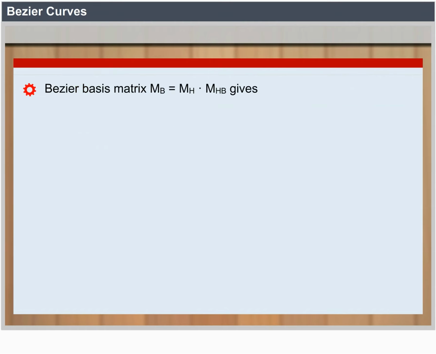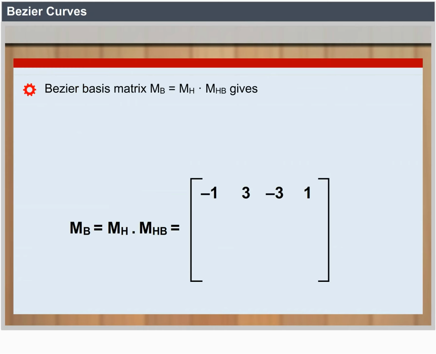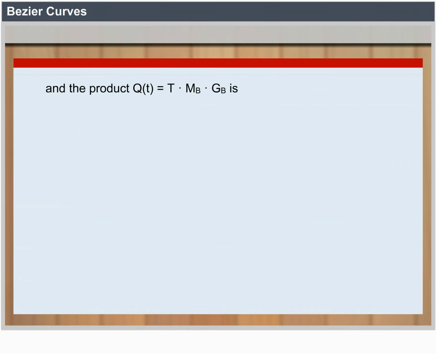The Bezier basis matrix MB equals MH and MHB, which gives the following. And the product Q of T equals T and MB and GB as shown below.